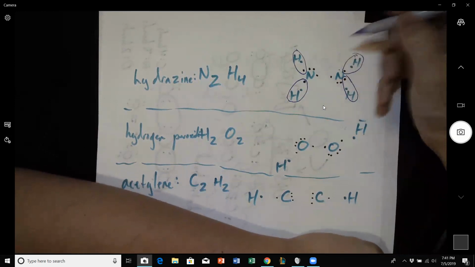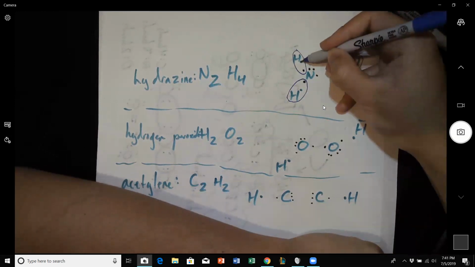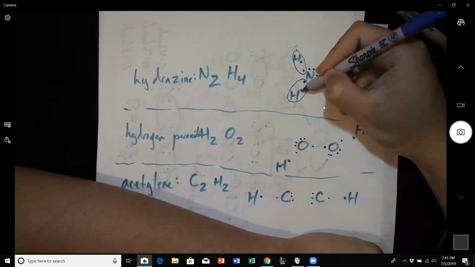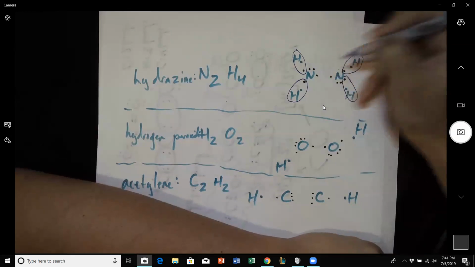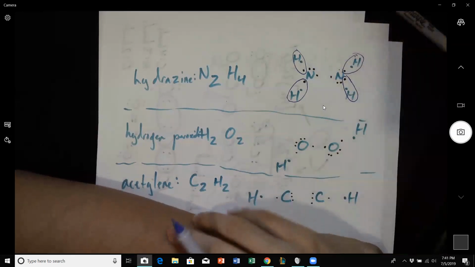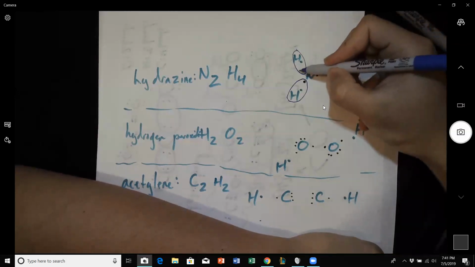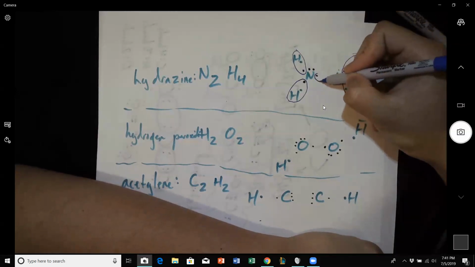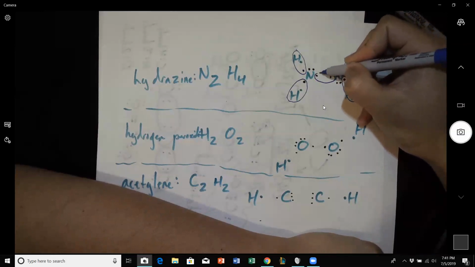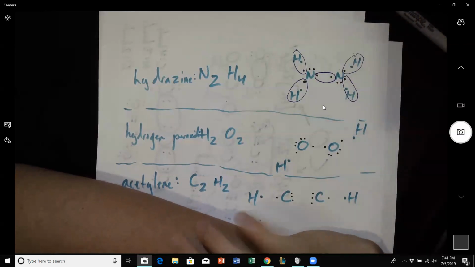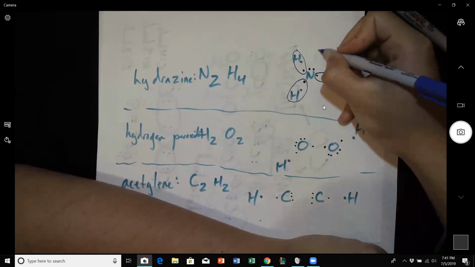However, the nitrogens, as you can see, only have 1, 2, 3, 4, 5, 6, 7. So they will also form a bond. So see, we get a bond formation here. So now let's draw this in a more concise form.